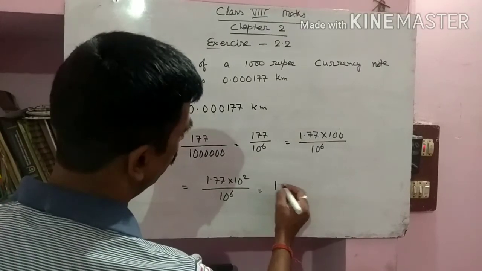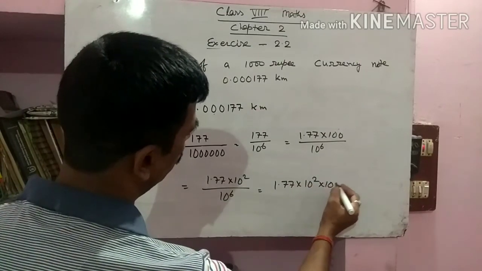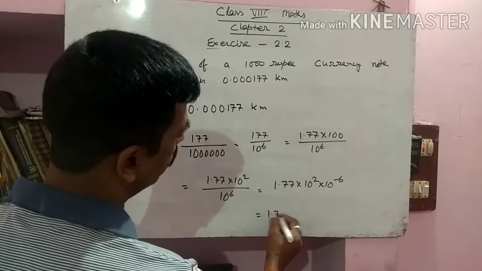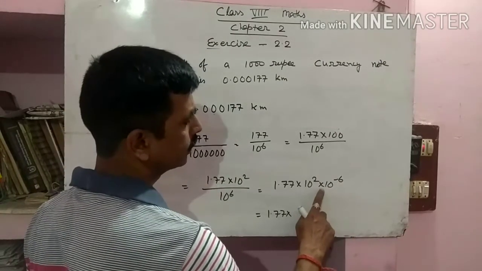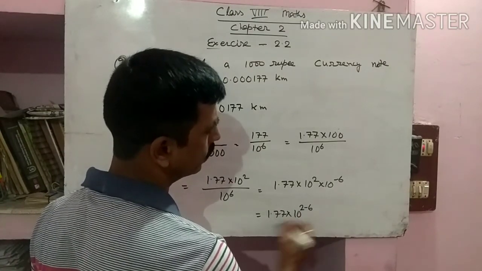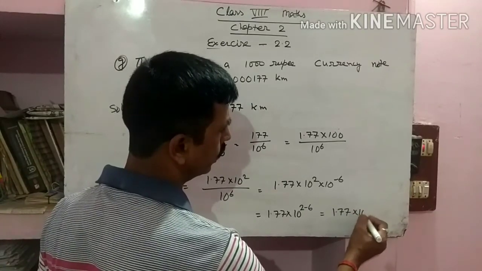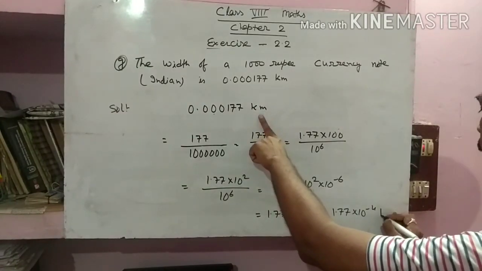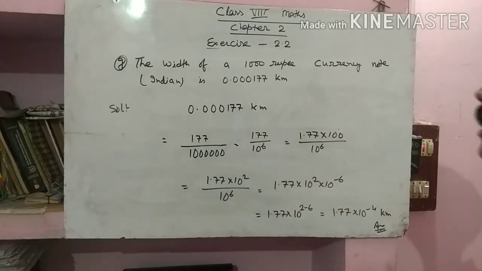So this is 1.77 into 10 to the power 2 into 10 to the power minus 6. If the bases are the same and the powers are different, in multiplication the powers are added: 2 minus 6. So we get 1.77 into 10 to the power minus 4 kilometers. This is the answer. Write it.